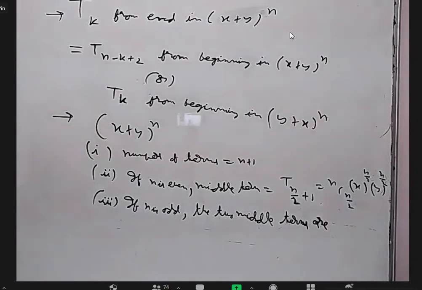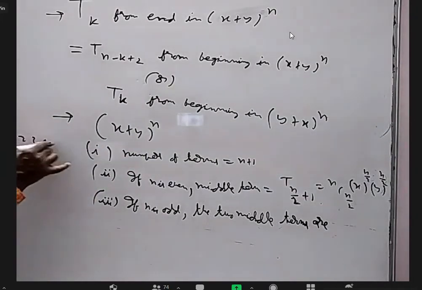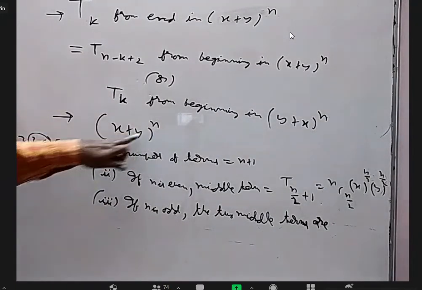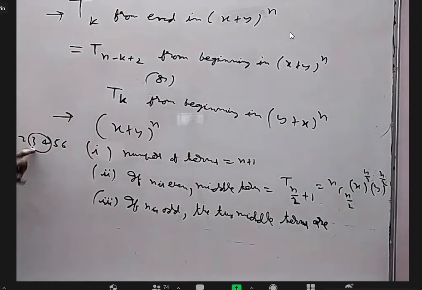Which terms are the middle terms? First of all, n is odd, so there is nothing called n/2. N/2 is a fraction. When you have power 5, you have 6 terms: 1, 2, 3, 4, 5, 6. 3 and 4 are the middle terms. So how will you connect 5 to 3 and 4? When it is 5, I wanted 3. That is (n + 1)/2 and (n + 3)/2. Am I right?